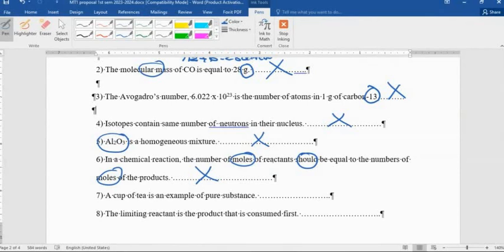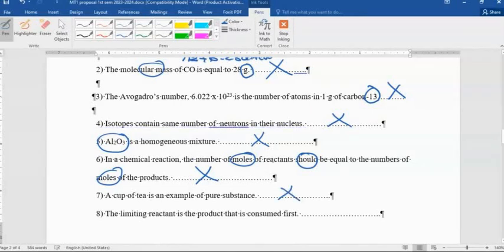Now I come back to my friend, my cup of tea. For the students who are taking these courses with me, I always give them an example. It is as easy as a cup of tea, a homogeneous mixture. So this one is wrong.